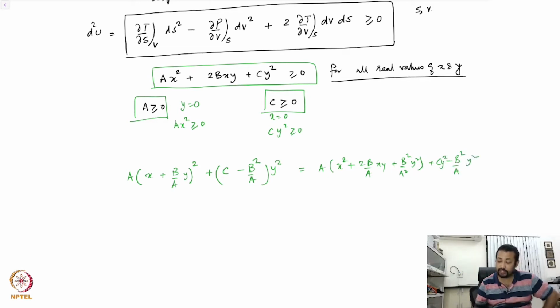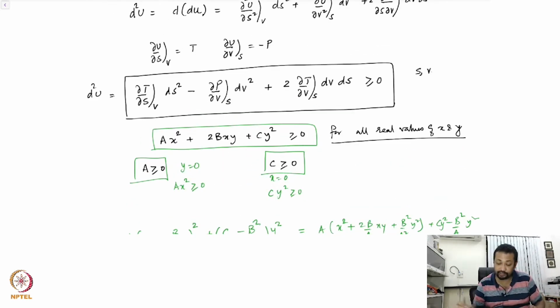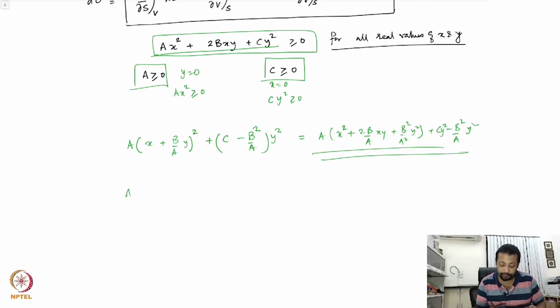And if you do the simple algebra, you will see that this is exactly the expression that we have written down over here. So therefore, this inequality I can recast in the form a (x plus b over a y) whole square plus (c minus b square over a) y square must be greater than or equal to 0.